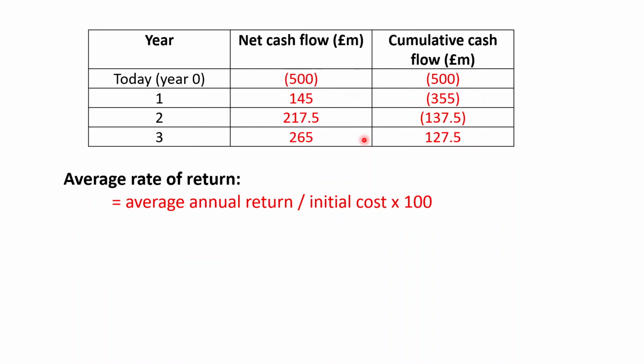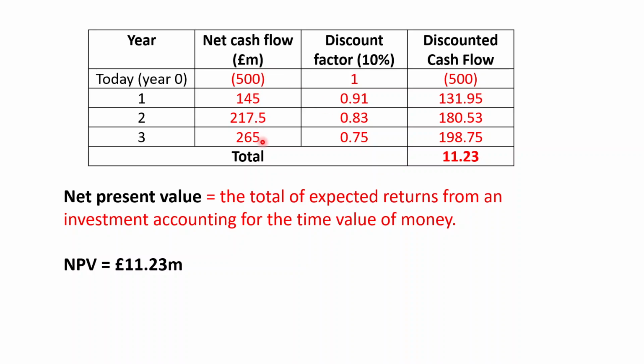Okay, now you'll see I've got rid of the cumulative cash flow. Get rid of that if you're doing net present value, because it might confuse you. What you want to have is the net cash flow. The discount factor will be given to you. What the discount factor says is what's the opportunity cost really of investing this money in the bank, or basically money in the future is worth less in real terms than it is today.